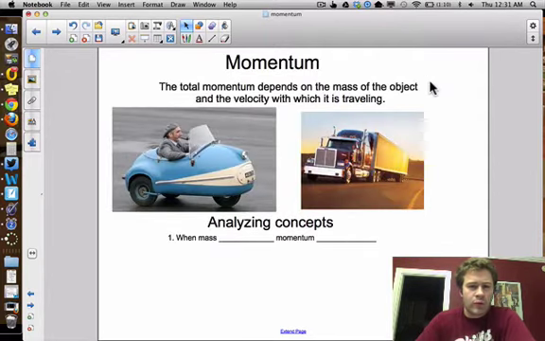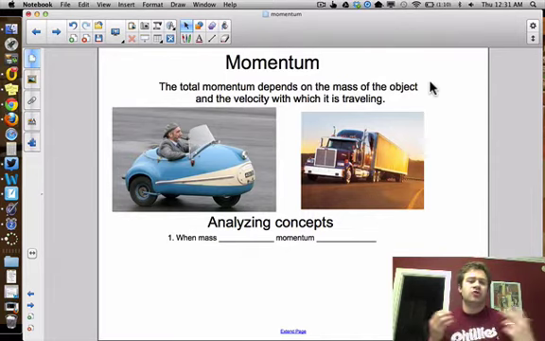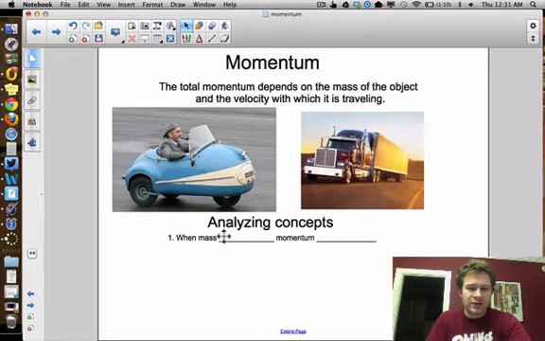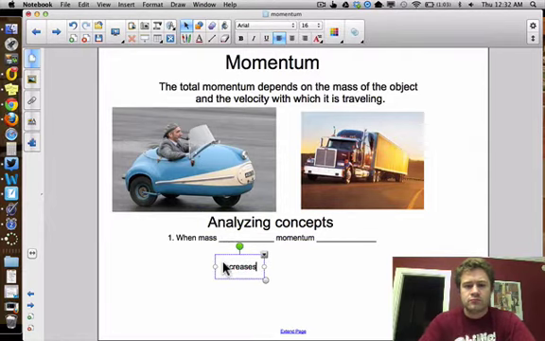Basically, the total momentum that you have is dependent on the mass of whatever the object is and the velocity with which it's traveling. To analyze those concepts, think about it this way: the bigger the mass, the more momentum you'll have. So when mass increases, so does momentum.